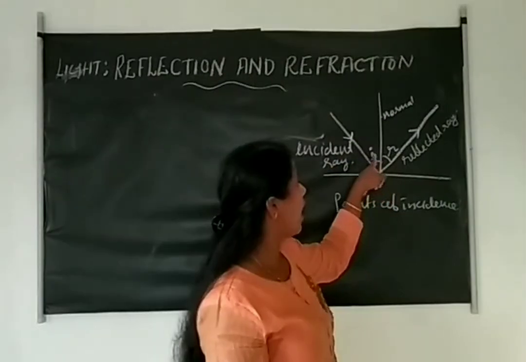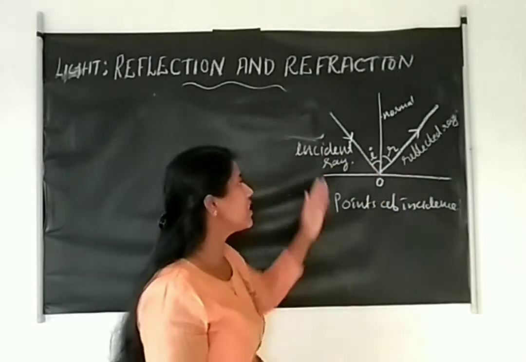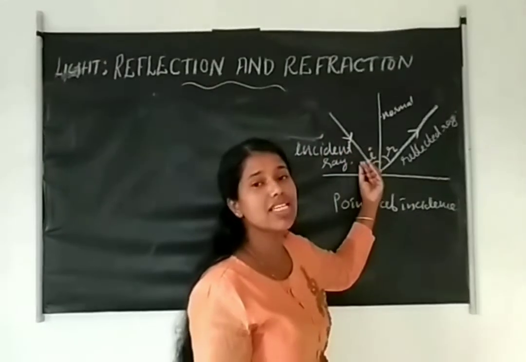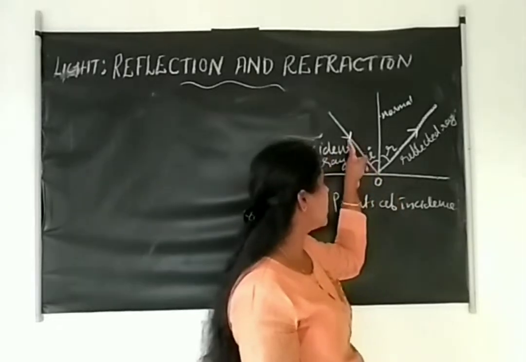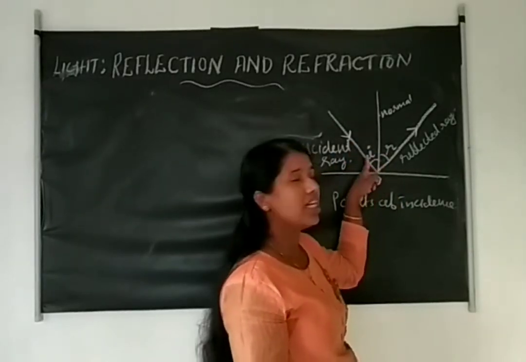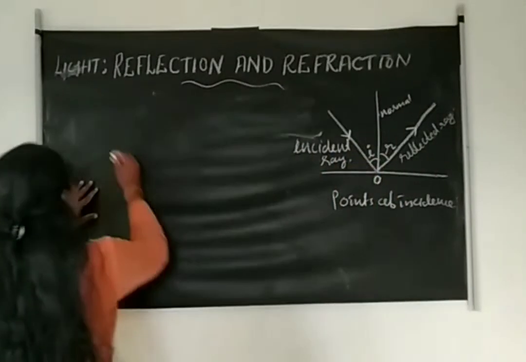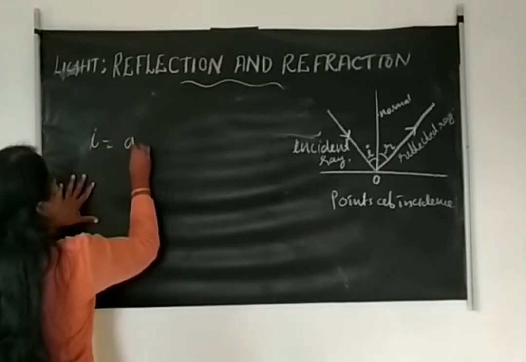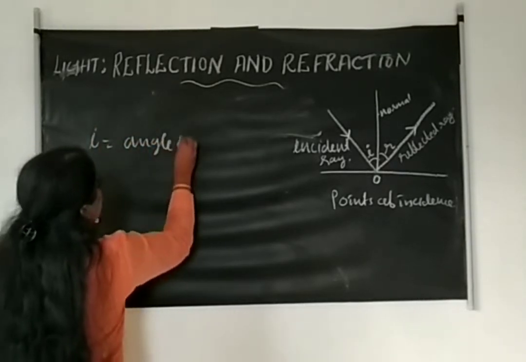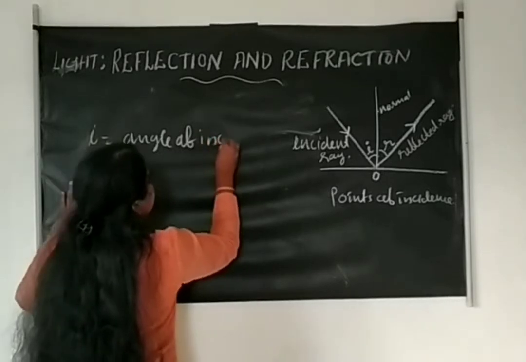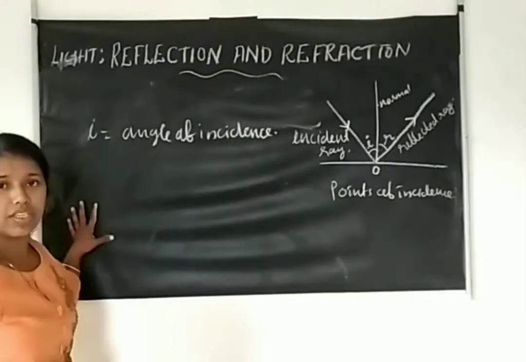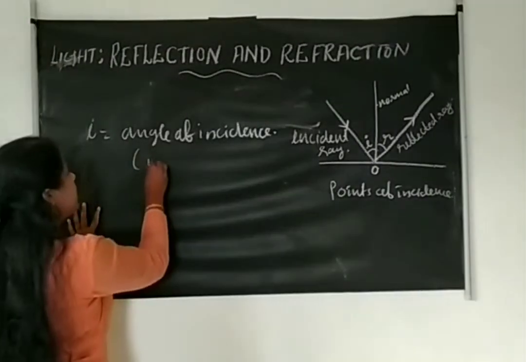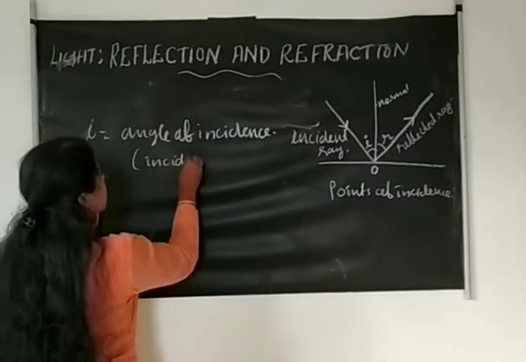Here angle I is the angle between the incident ray and the normal. I means angle of incidence, or one more name, incident angle.